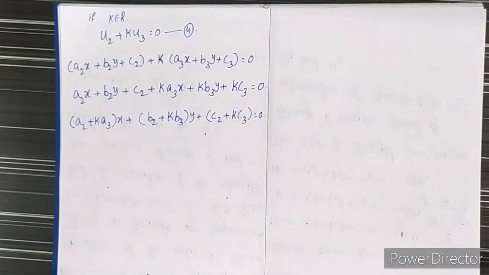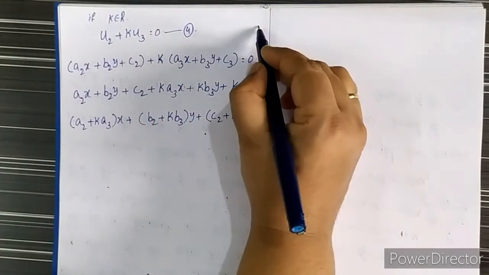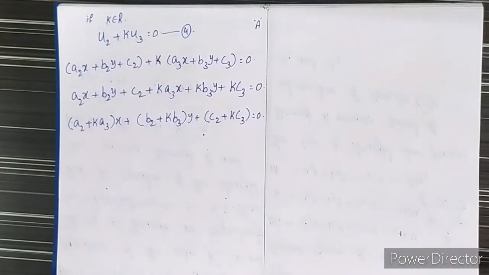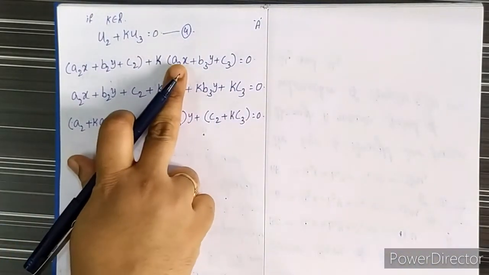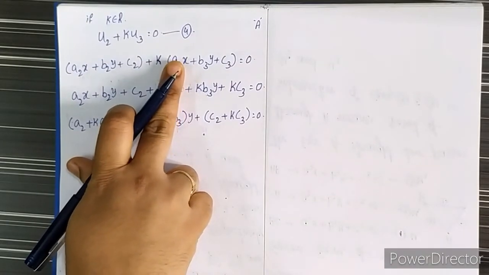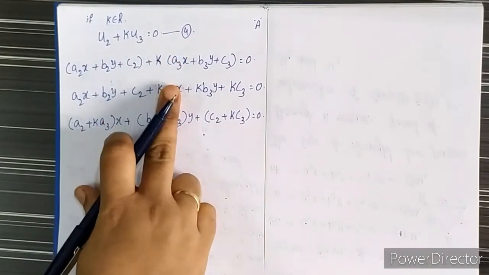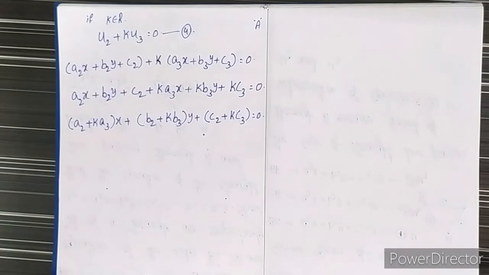This straight line passes through the point A. Let this straight line also be parallel to the side BC.